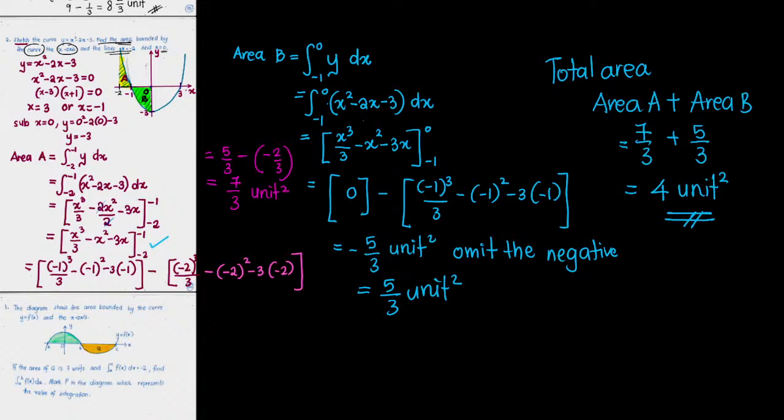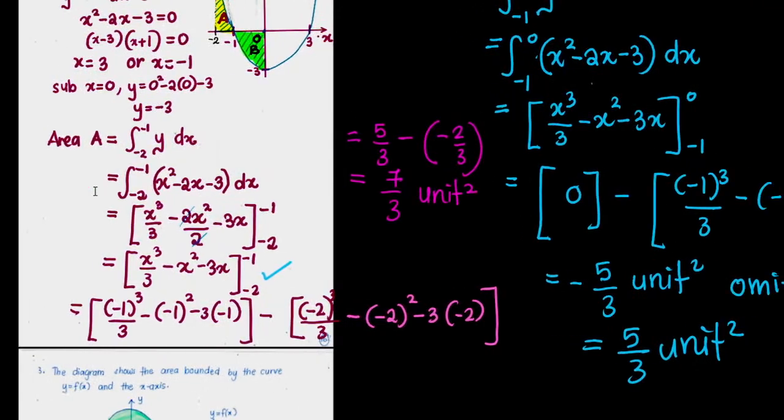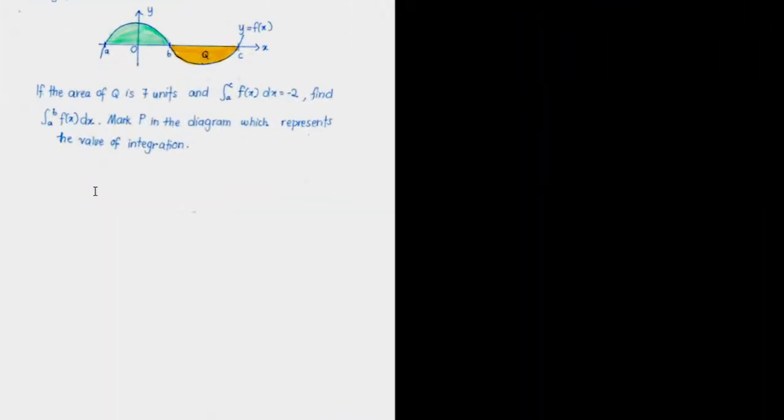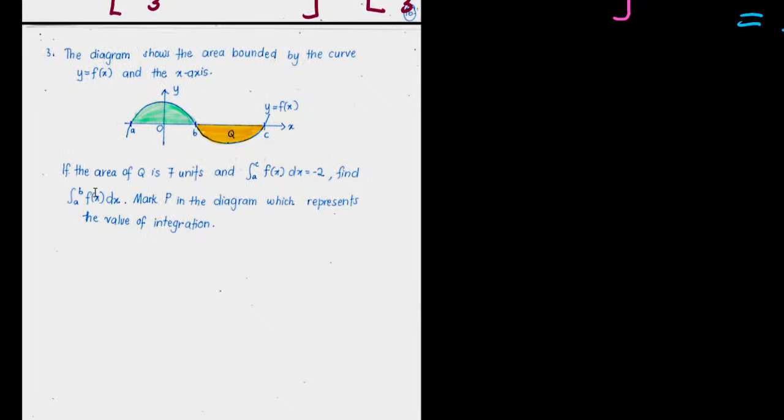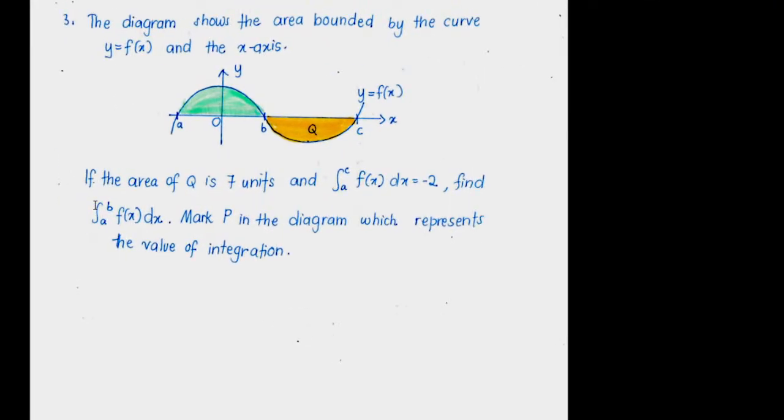Okay, let's go to question example 3. Look carefully at this question. The diagram shows the area bounded by the curve y equals f(x) and the x-axis. So your clue here is the area of the curve is already touching the x-axis, so you should already know which formula to apply.